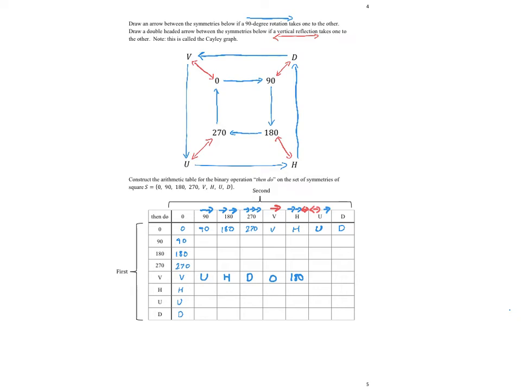Okay, now we'll decide what happens when we do a V and then do a U. So starting at V and then performing a U is a red arrow followed by a blue arrow, taking me to 90. So 90 goes in there.